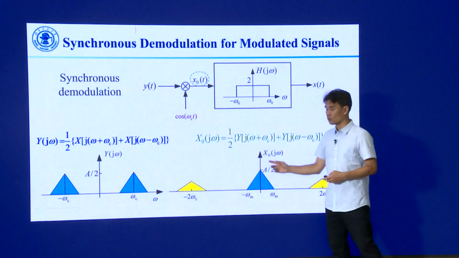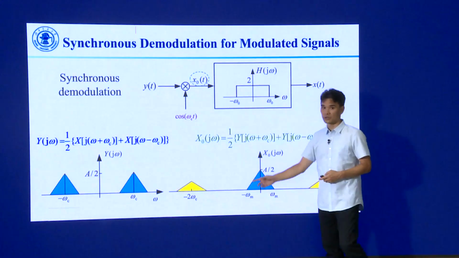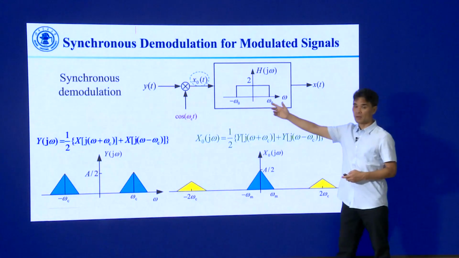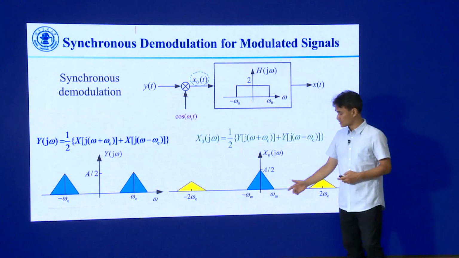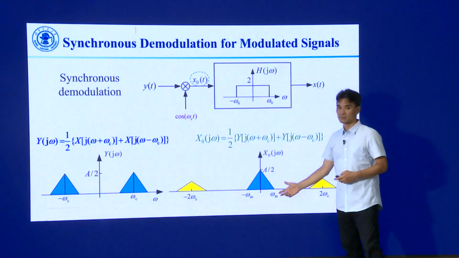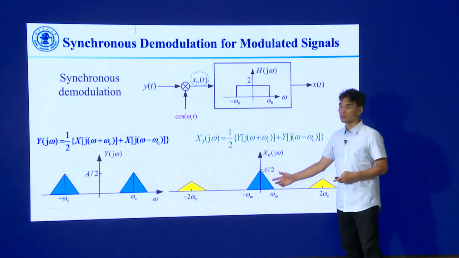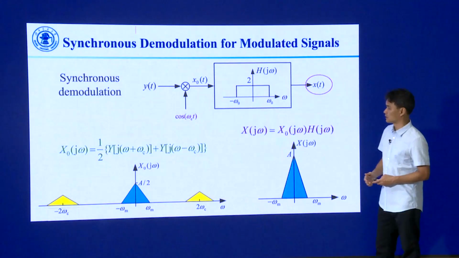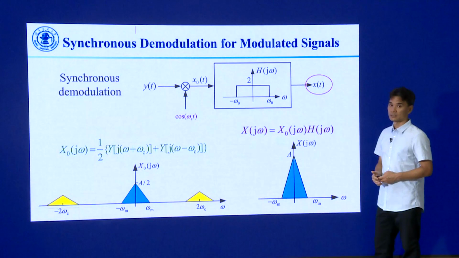And there will be an overlap at DC and its surrounding area. So if we take a low-pass filter around here, then we can single this part out. And if we multiply the amplitude by 2, then we get the original signal at the output end.